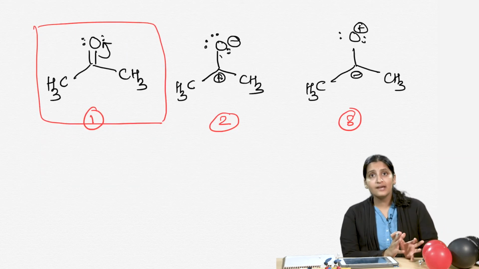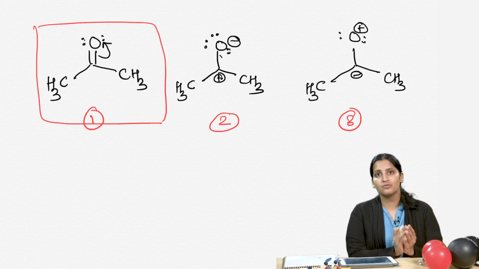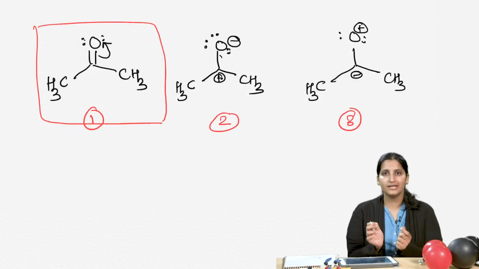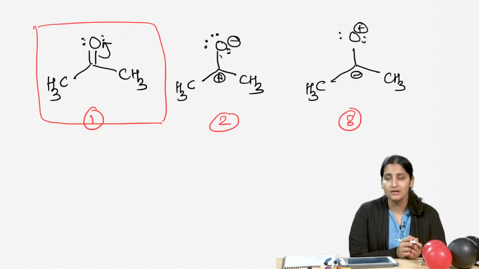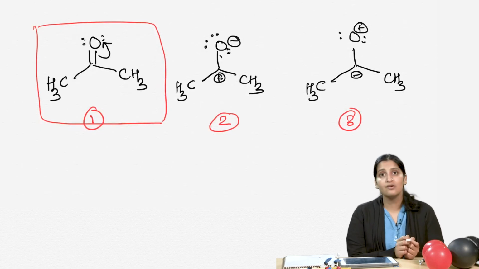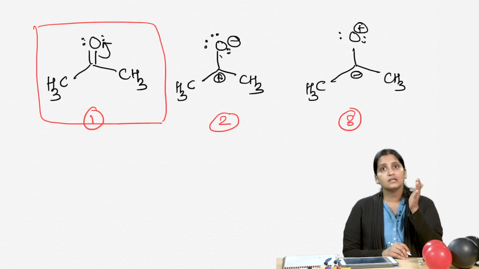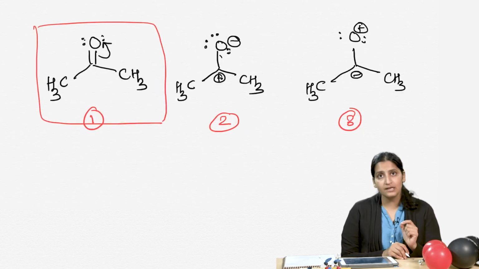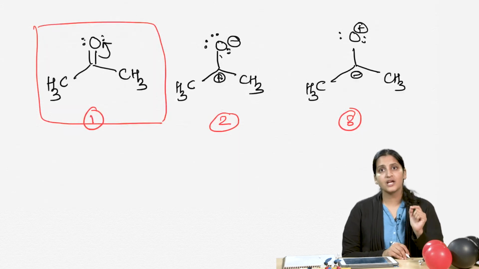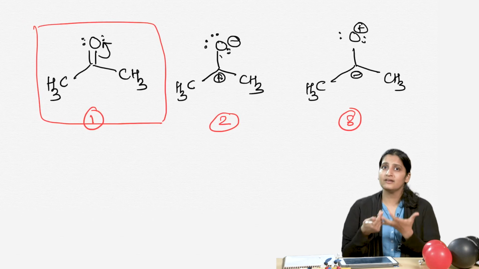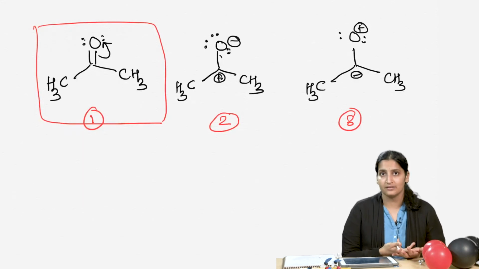Now, between the second and the third, if I have to rank which one provides a little more contribution towards the hybrid, I would say that the second one is more likely to contribute more than the third one. Why is that? Because in the second resonance structure, the negative charge is on the oxygen. Oxygen is more electronegative, so it can hold electrons closer to itself and stabilize that negative charge better.